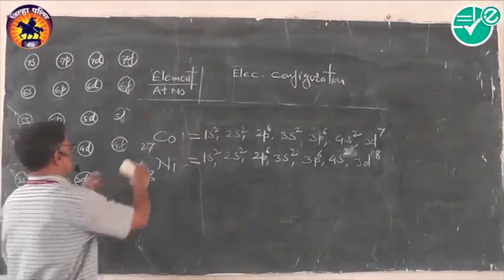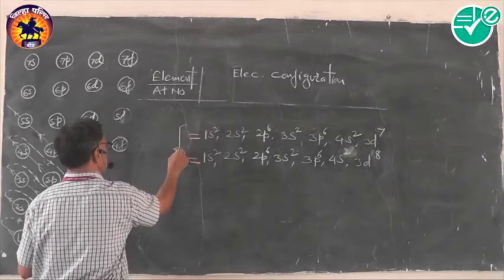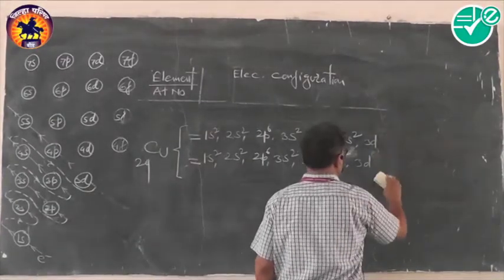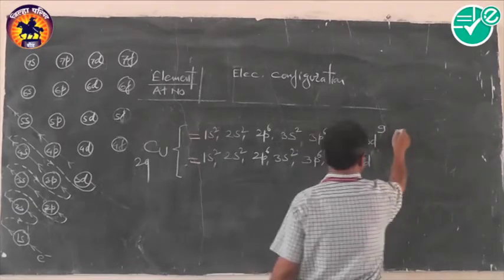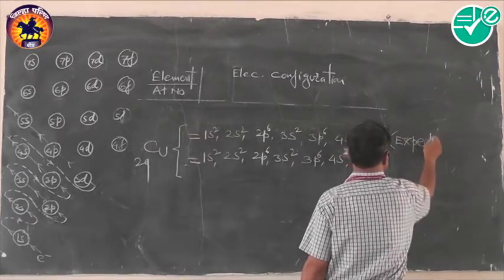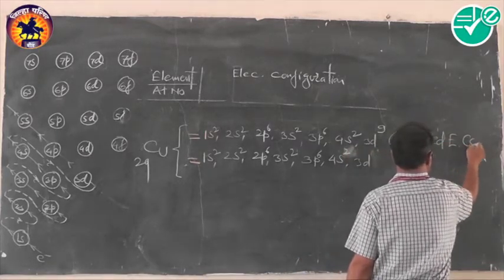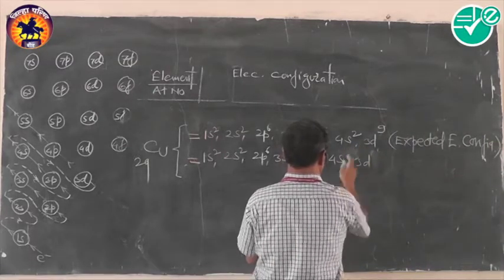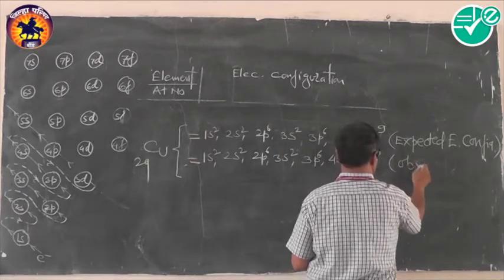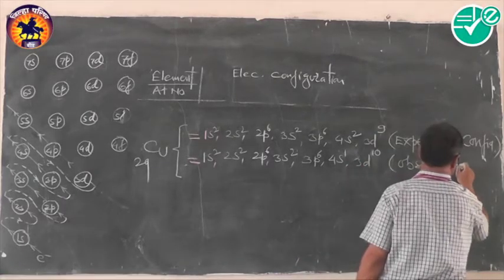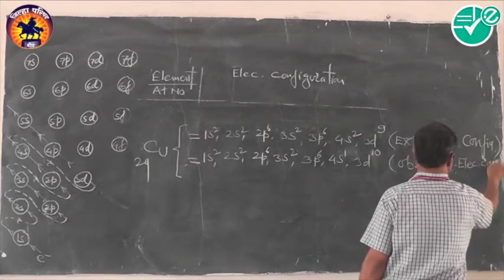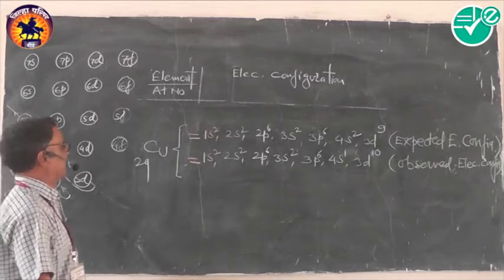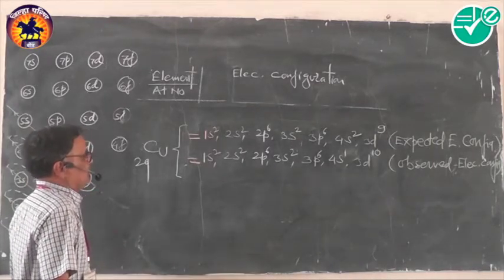Now the 29th member is copper. Copper, atomic number 29, shows again an abnormal electronic configuration, like chromium.